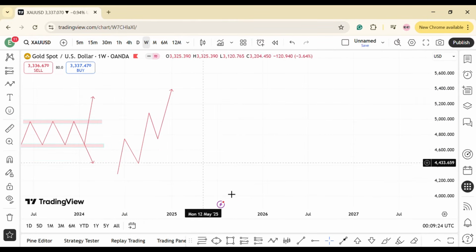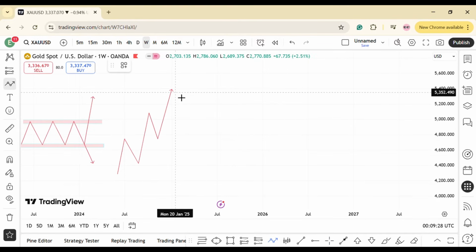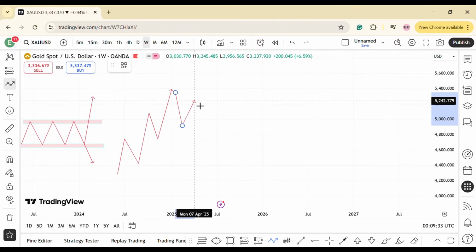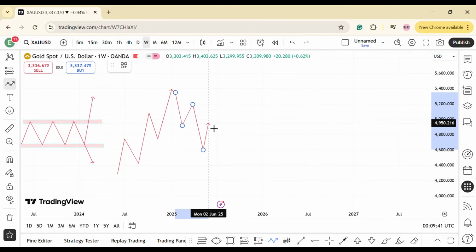The same goes with the sell side. It keeps on creating something like this, creating a pullback into this origin. It creates a key level here, then breaks that key level, pulls back into the origin, creates a key level here, and breaks that key level.